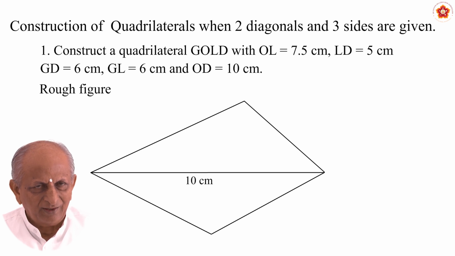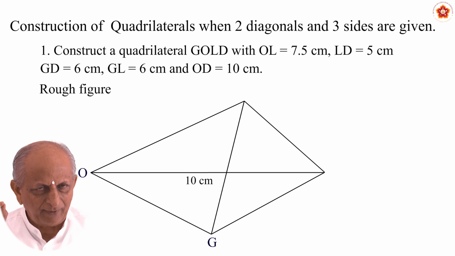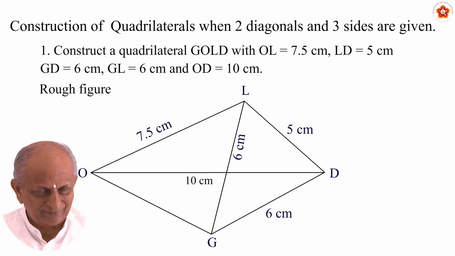Come on, draw a figure using pencil and scale. Okay, and mark on the lines what is the length. For example, OL is 7.5, LD is 5 centimeters, DG is 6 centimeters, OD diagonal is 10 centimeters, another diagonal GL is 6 centimeters. So there are two diagonals.